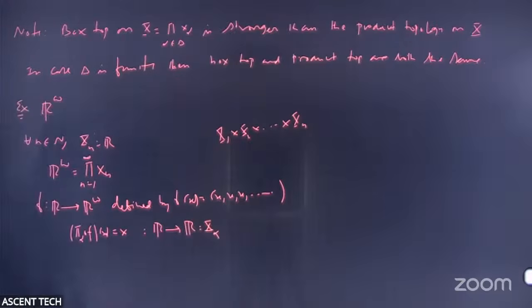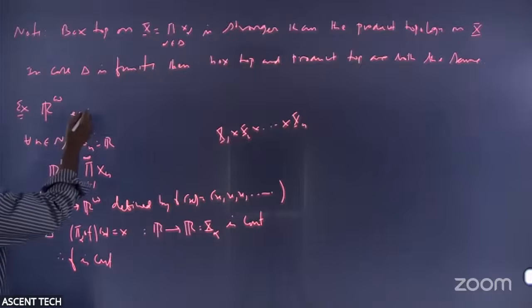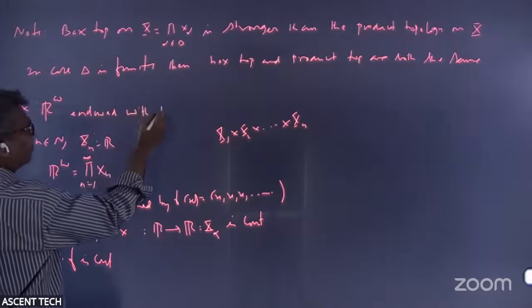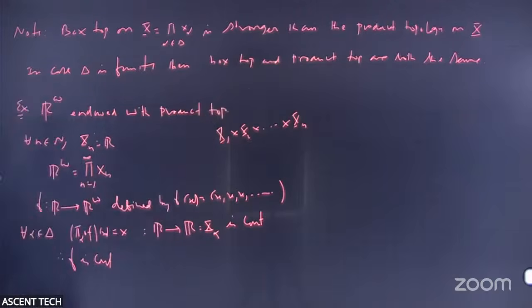The identity function is continuous. So every pi alpha composed with f is continuous for every alpha. Therefore f is continuous, with R omega endowed with the product topology. So every projection map composed with f is continuous for every alpha, therefore f is continuous.